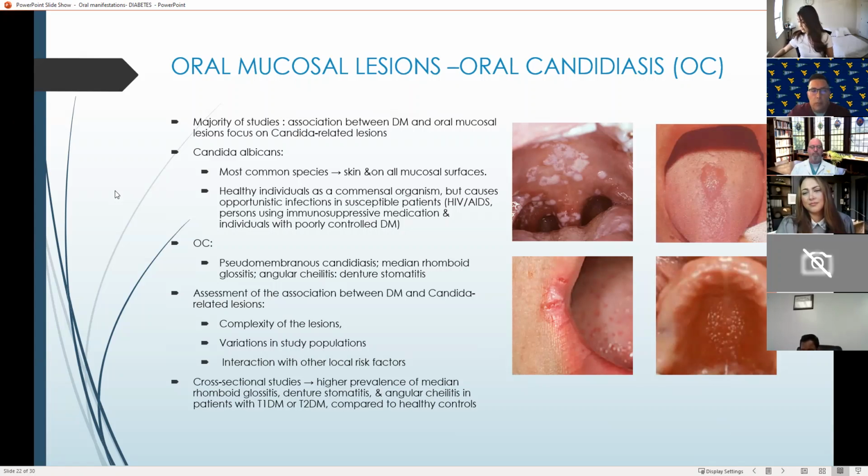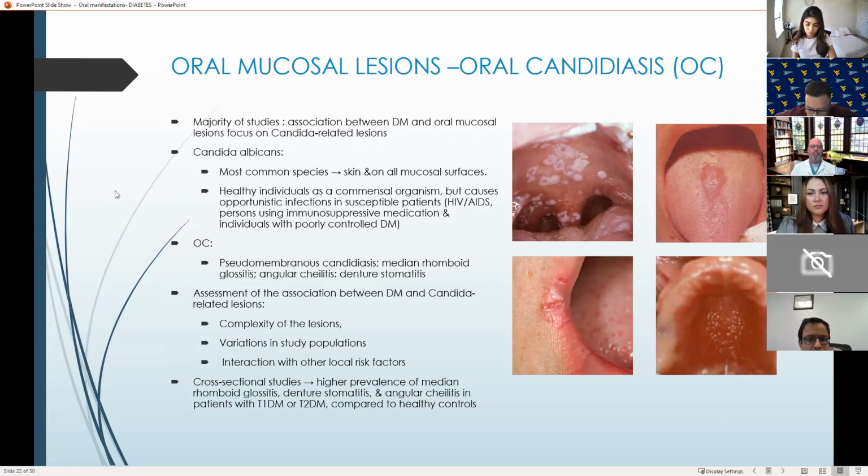Okay, now, oral mucosal lesions include multiple oral lesions, but the large majority of studies investigating the association between diabetes and oral mucosal lesions focus on Candida-related lesions. Candida albicans, as the most common species, can be found on the skin and all the mucosal surfaces.